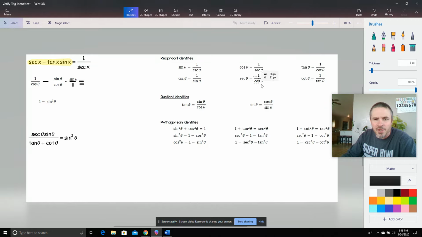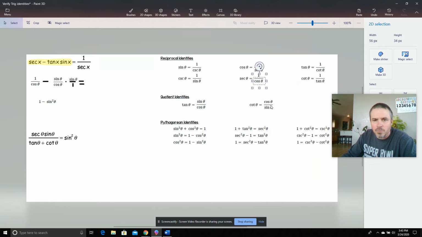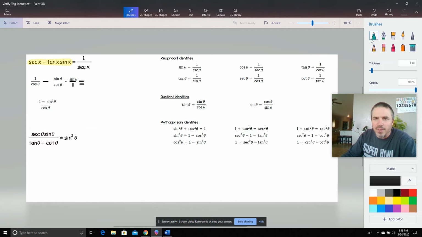And for the denominator, we're going to get a common denominator of cosine of theta. So let's just pull that over here. There's our denominator of cosine of theta, and this is what we're still equal to.